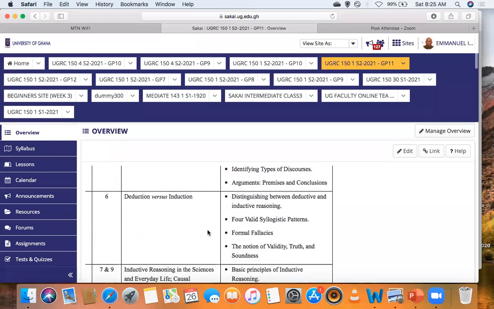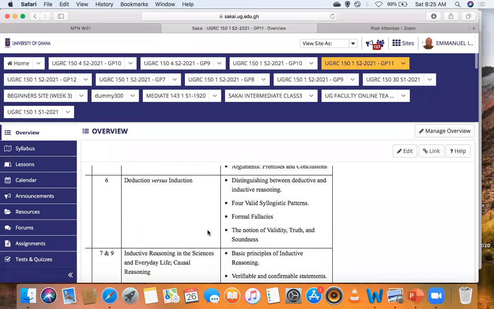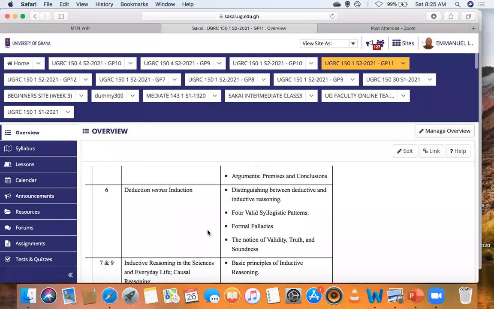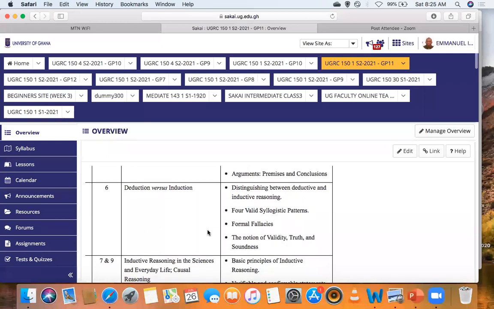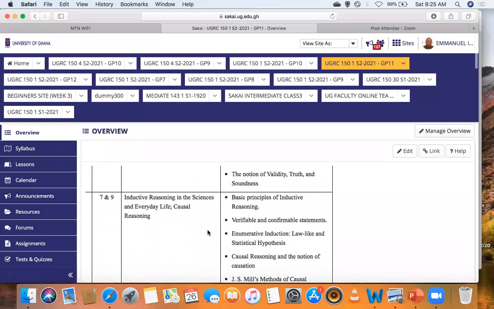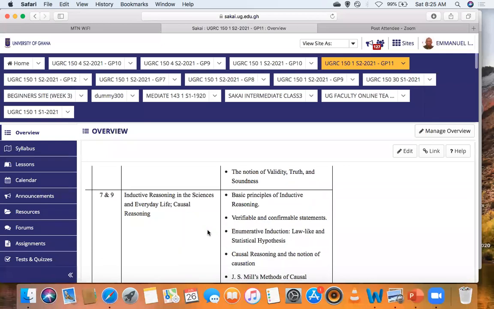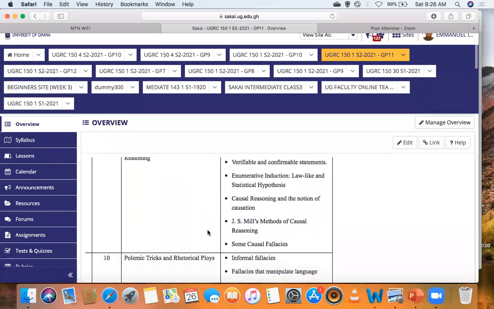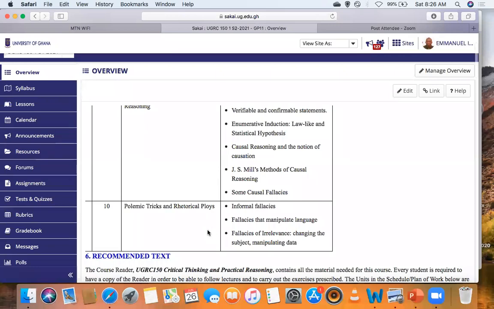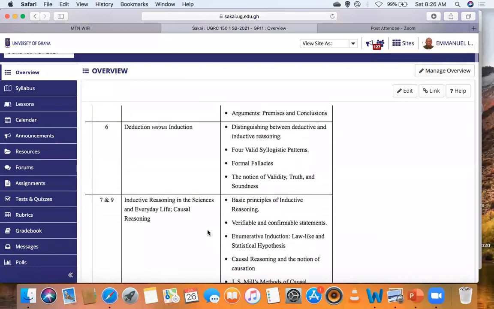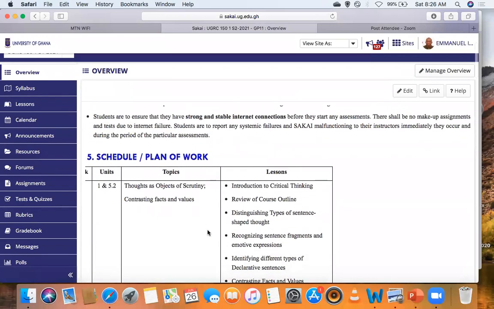And then for the fourth class, we have deduction versus induction. So that is how we're going to move. And then for the fifth class, we have inductive reasoning. And then for the final class, we have polemic.